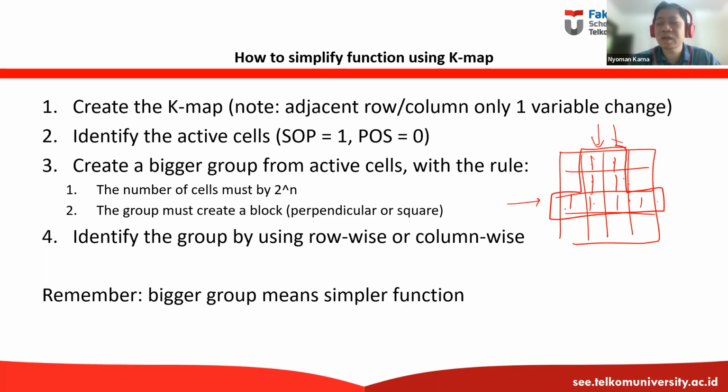So we need to create 2 groups, this and this. Then we can identify the group. So that's why the group must create a block. Block means a rectangle, like this, or a square, like this. Then identify the group by using row-wise or column-wise, by using the input variable. Okay, and remember, bigger group means simpler function.